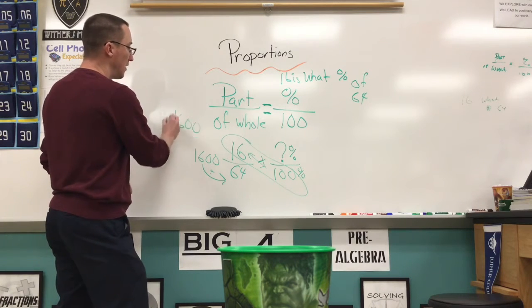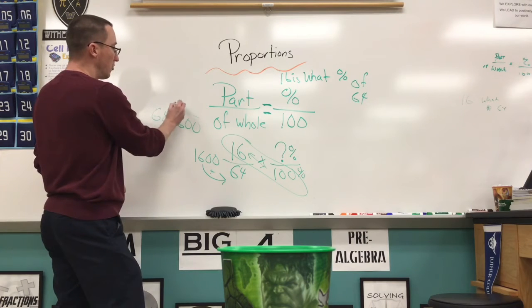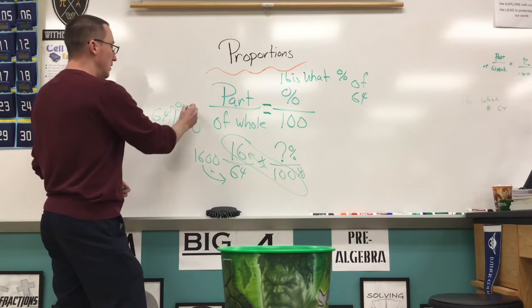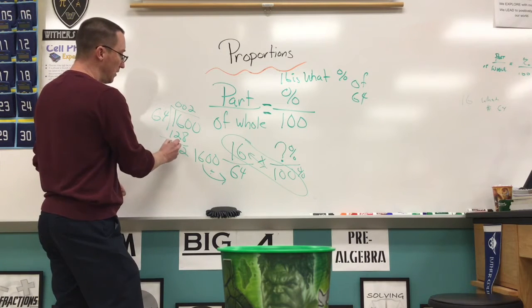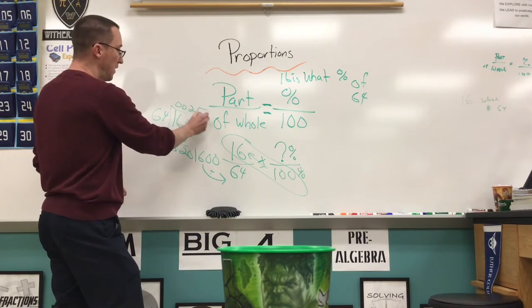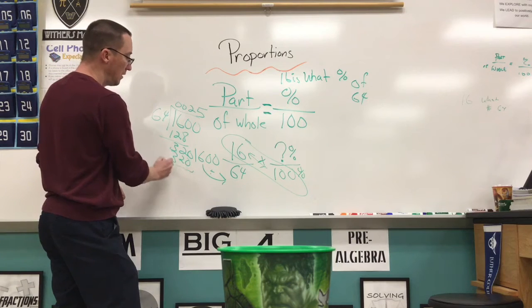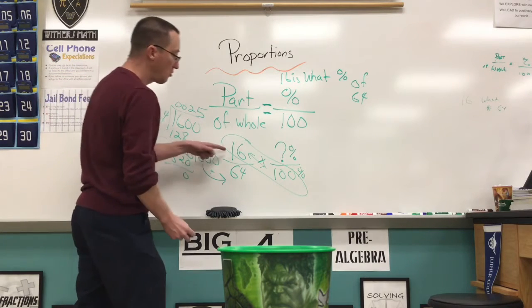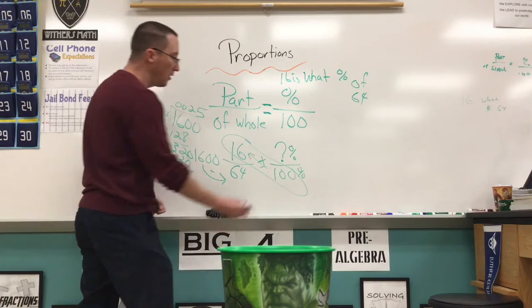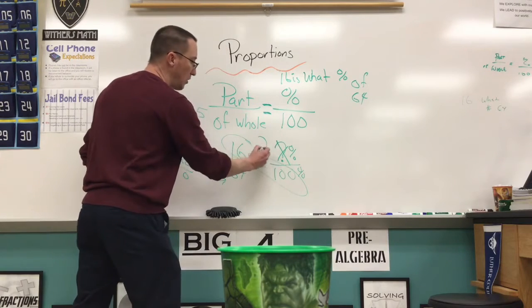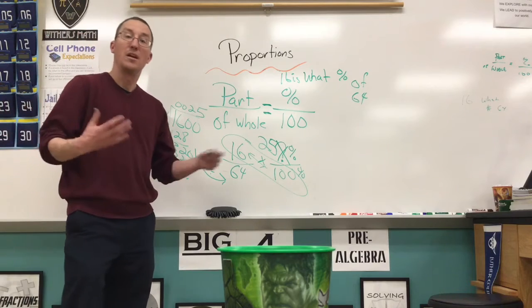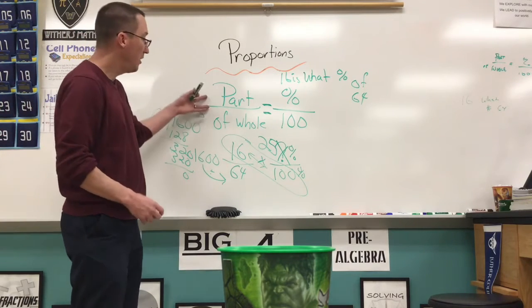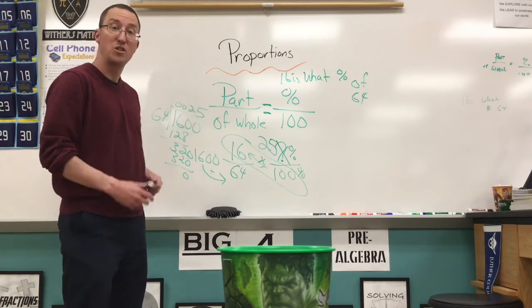And 1600 divided by 64 is 25. And so our 16 over 64 becomes 25 over 100. And that is how you set up the equation of a percentage problem.